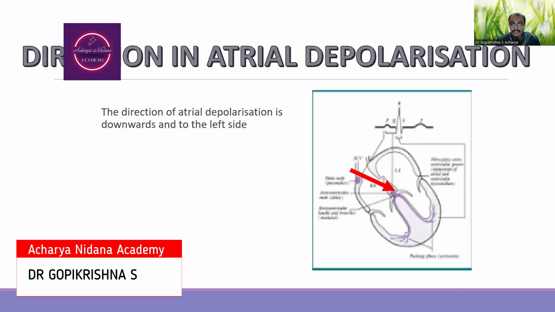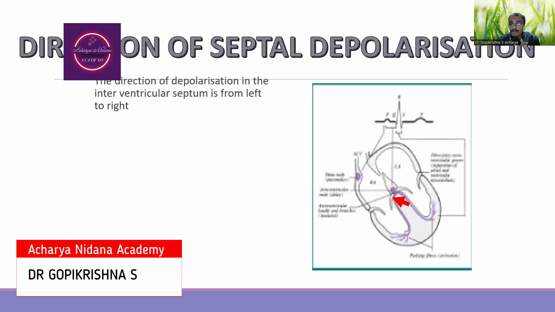When you think about the direction of electrical potential in the atrial depolarization, it is this way, that means downwards, inferior and laterally. This is what happens during septal depolarization, from left to right.